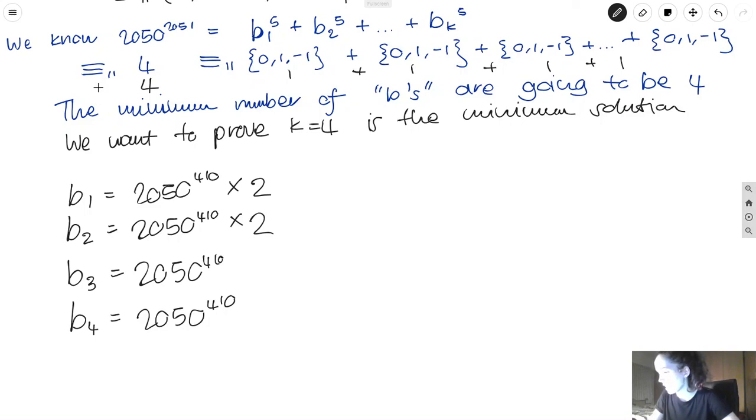You'd get this by experimenting a bit and trying to divide the original number 2050 to the power of 2051 and see if there are any numbers that you can take out and rewrite.